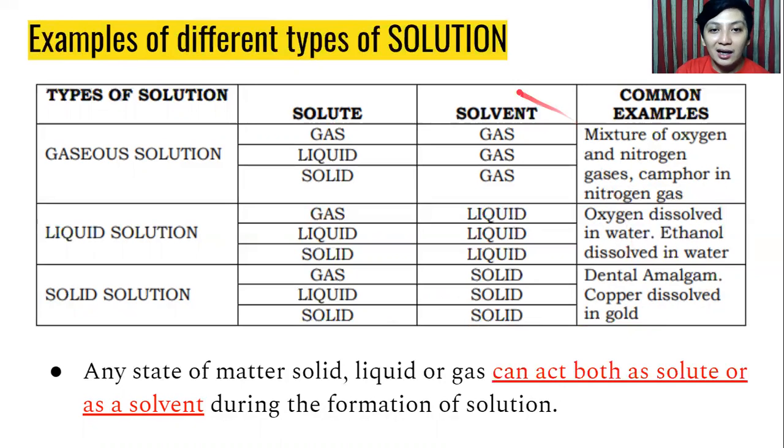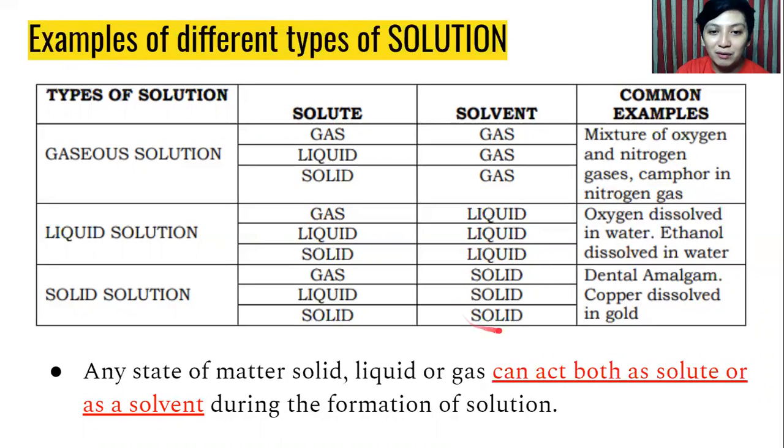So the solvent is always pertaining to the type of solution. If the solvent is gas, therefore the final product is a gas or a gaseous solution. If the solvent are liquids, meaning to say, for example, yung toyo at suka, yung soy sauce and even vinegar, so that is liquid to liquid, that is in liquid solution.